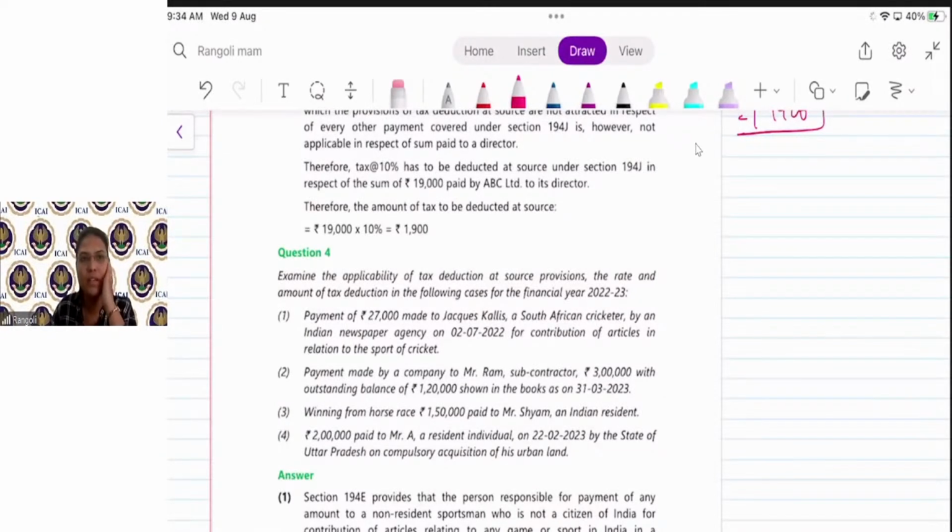As per section 194E, any payment made to non-resident sports person, TDS is required to be deducted at the rate of 20.8%. There is no threshold given. Right, so 27,000 into 20.8%, TDS is required to be deducted.